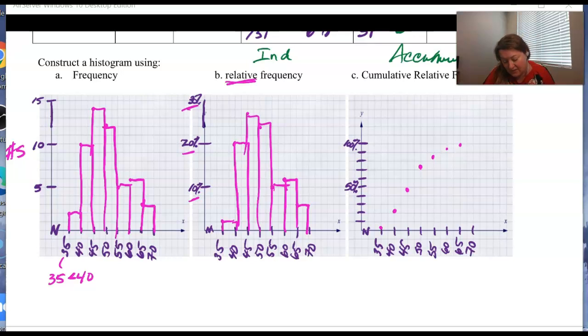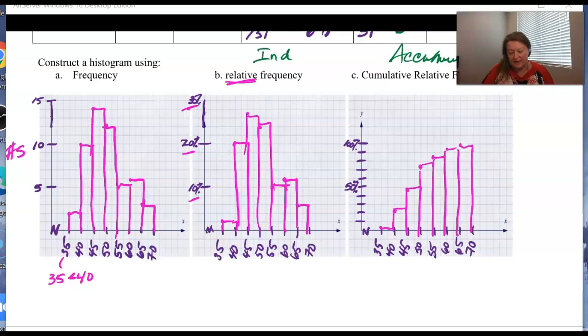If I was doing a histogram for this, the first one would start out very small. The next one gets a little bit bigger, and the next one gets a little bit bigger, and so on, because I'm continually adding more to my accumulated percents until I reach 100.